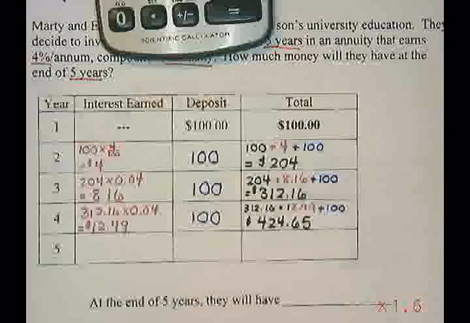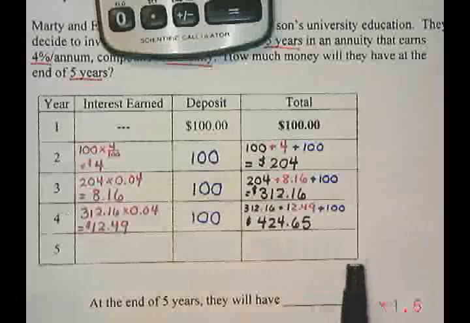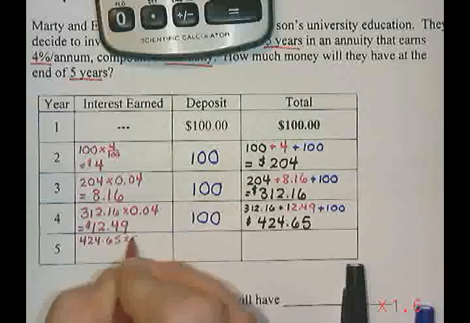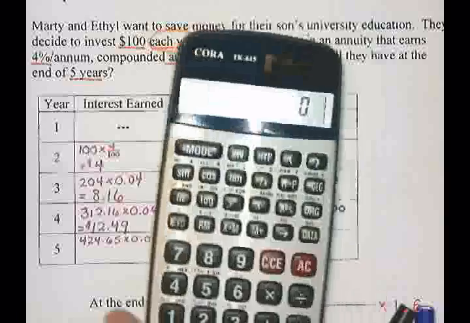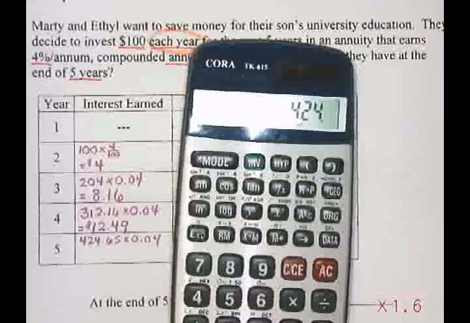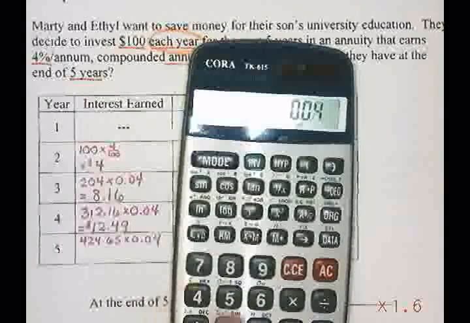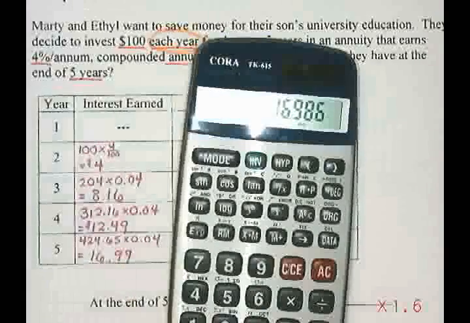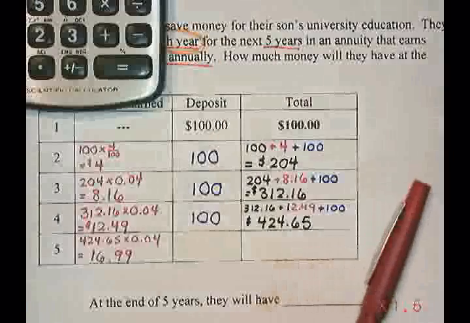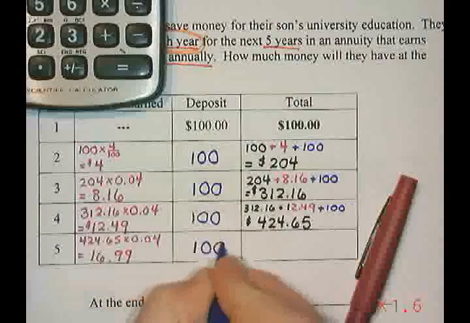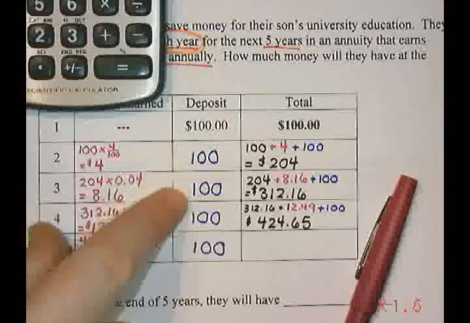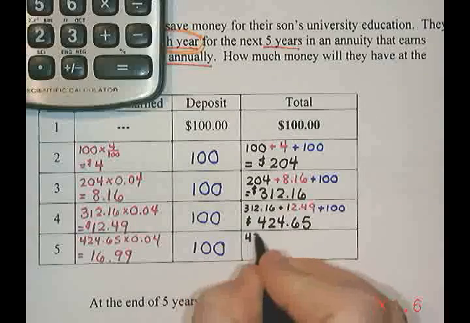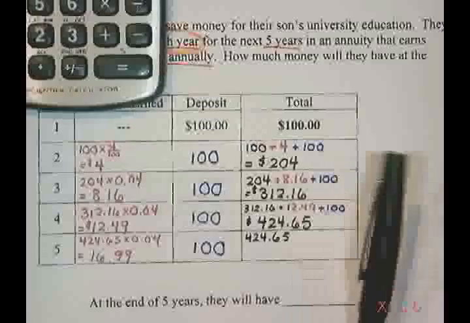All right, last year, they get interest one last time. So they earn 4% of that $424.65. So 424.65 times 0.04, they get $16.99 in interest. To that, they're also going to add in their last deposit of $100. You'll notice they did 5, one every year, which means their grand total, they've got that $424.65 from the previous year.